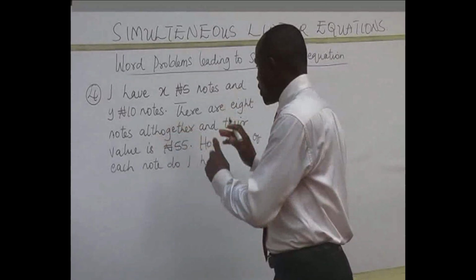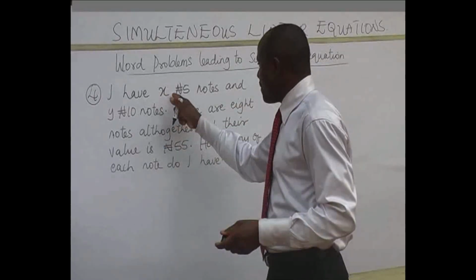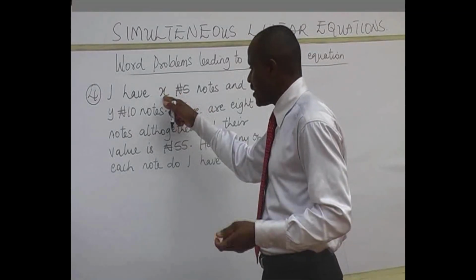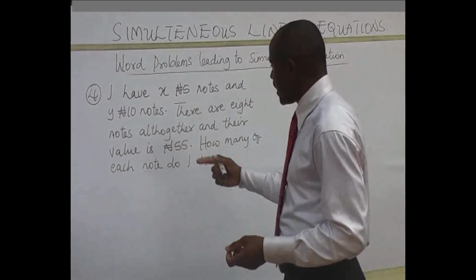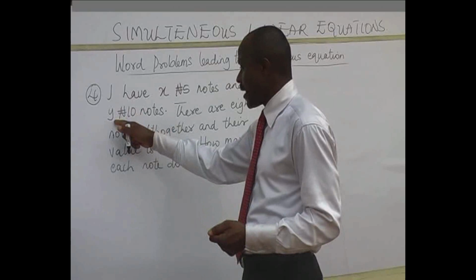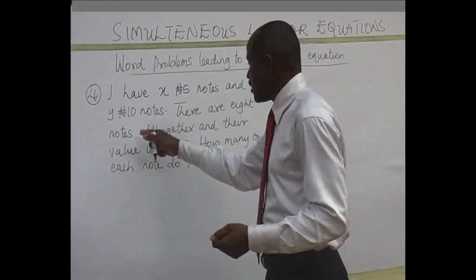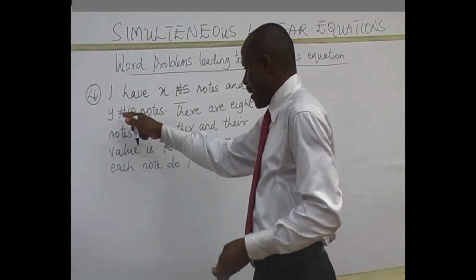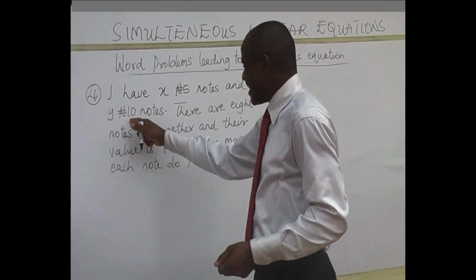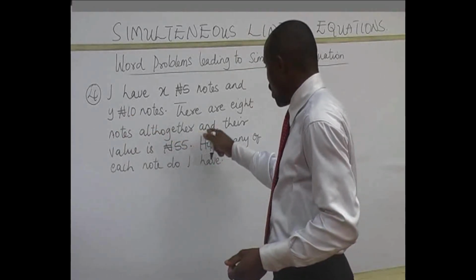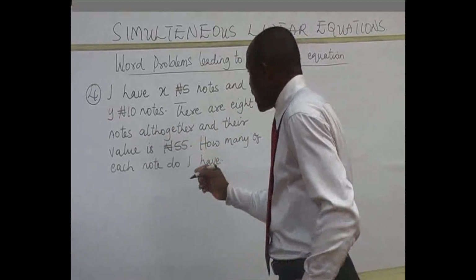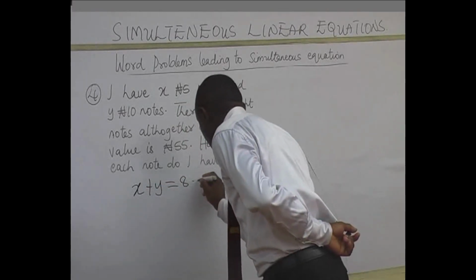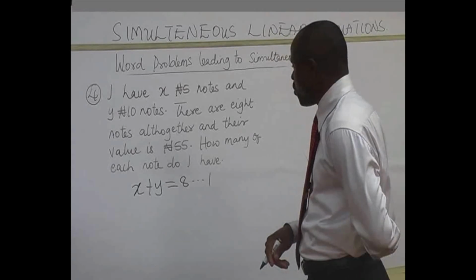If you look closely at this question, you discover that the number of pieces of 5 naira notes that I have is X, and the number of 10 naira notes that I also have is Y. If there are 8 notes altogether, that means my X notes of 5 naira and my Y notes of 10 naira is equal to 8. That means that X plus Y is equal to 8. This might form our first equation.